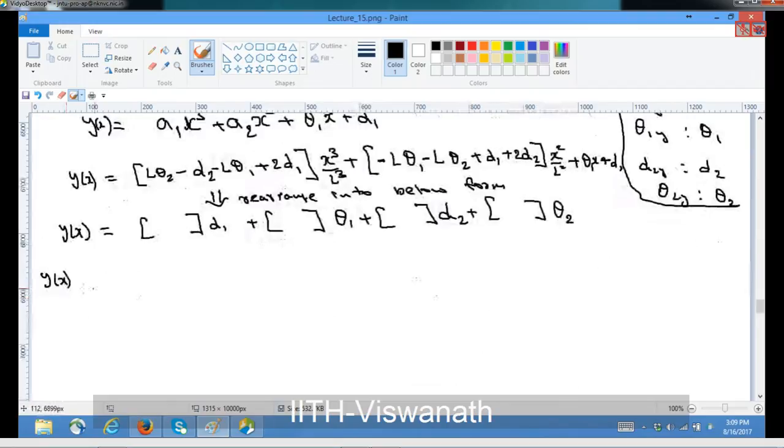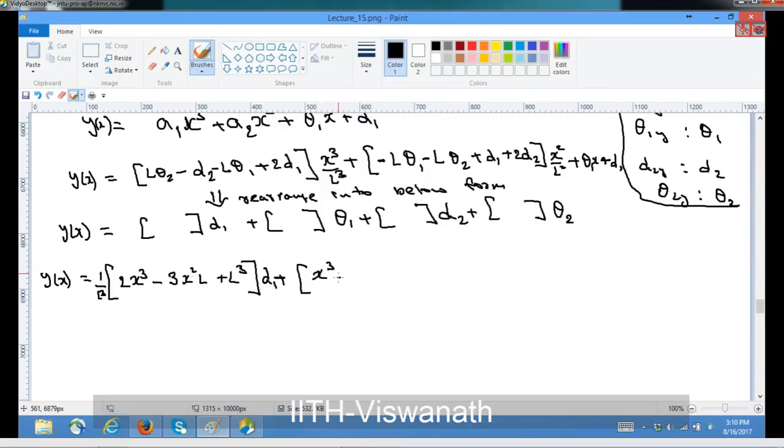If I rearrange into the below form, I get something like this. Y of x is equal to, let me collect the terms. I will write 1 by L cube first, 2 x cube minus 3 L x square plus L cube, which is d1 times.